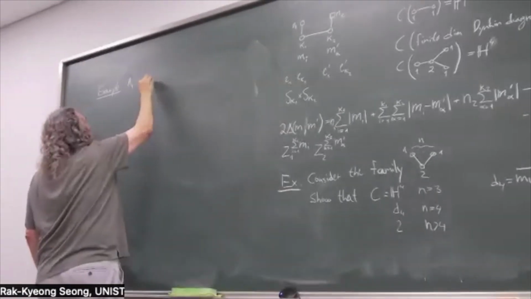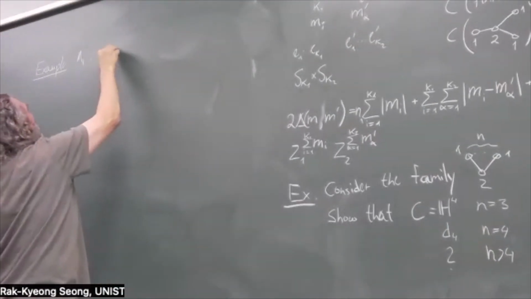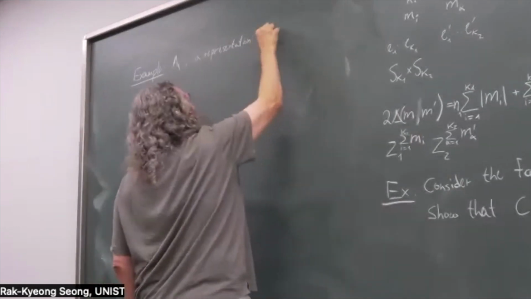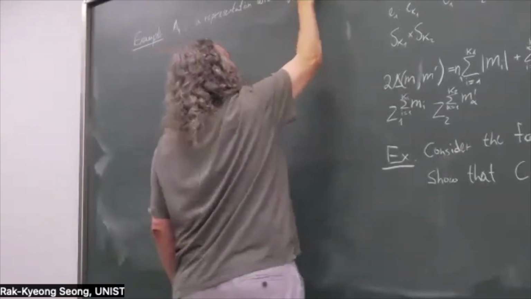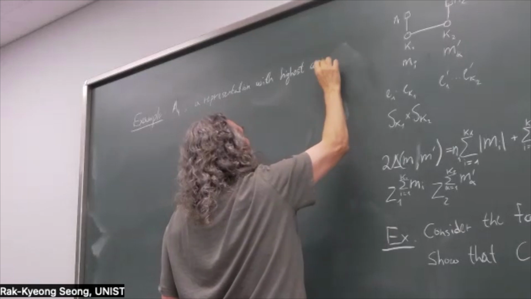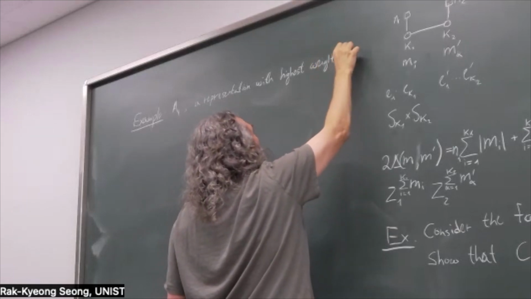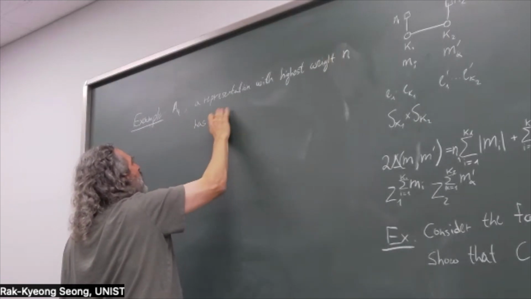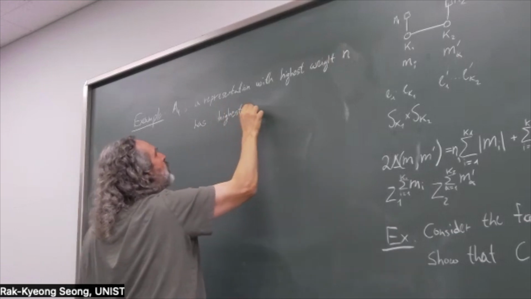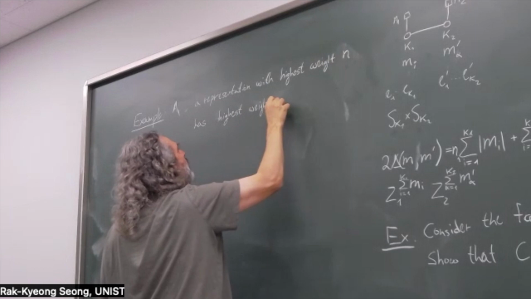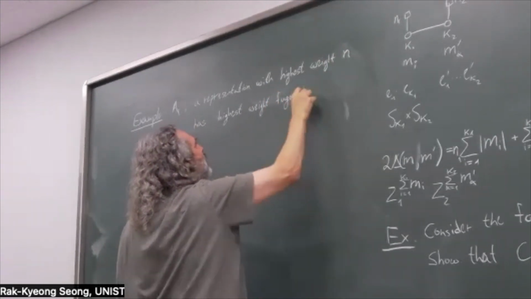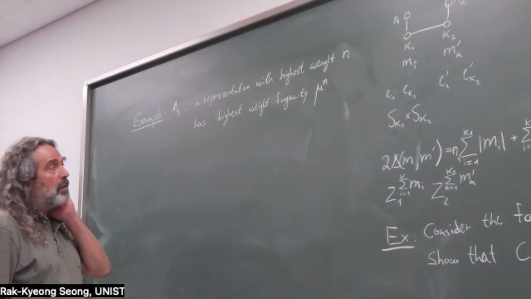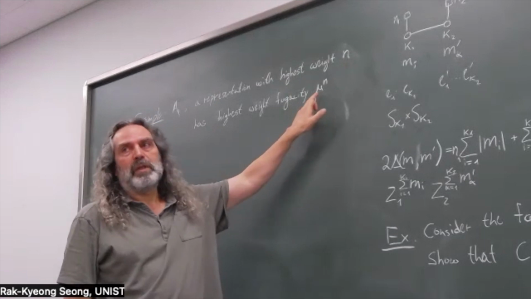Then the representation with highest weight N has a highest weight fugacity mu to the N. So if it's the fundamental representation, the highest weight is 1, and the fugacity for the fundamental will be mu.